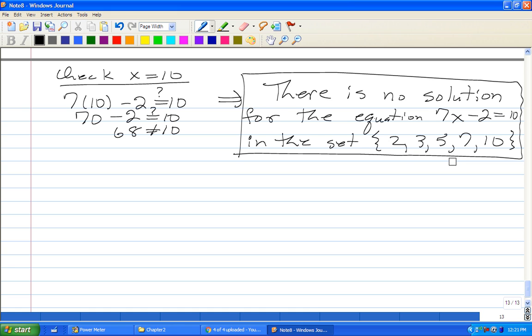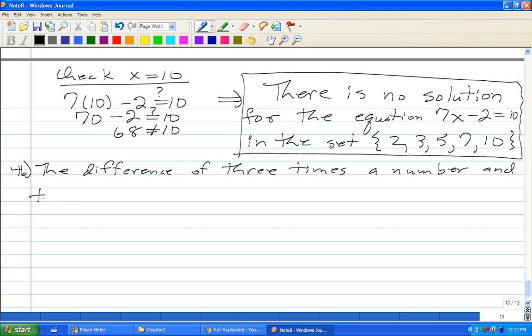Okay, let me do problem number 46. The difference of 3 times a number and 10 equals 21.